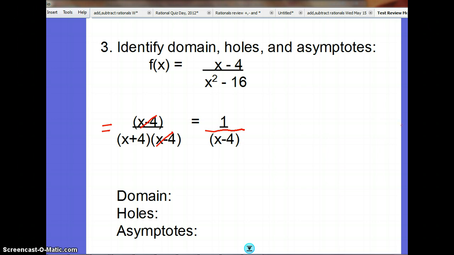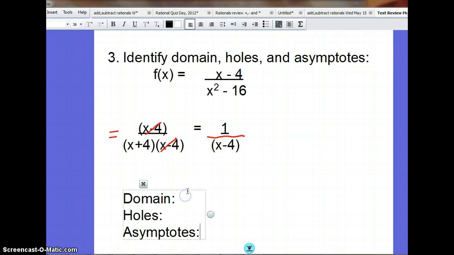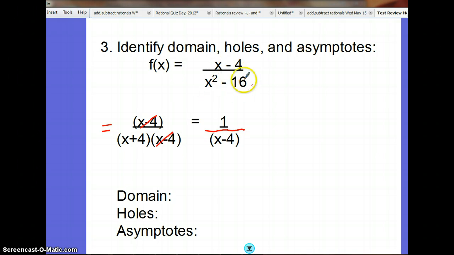The domain is all numbers such that this denominator is not undefined. And when I see that in factored form, I can identify that the domain excludes 4 and the domain excludes negative 4. There is going to be a hole at x equals 4. Let's see, little problem with the sign here, right?